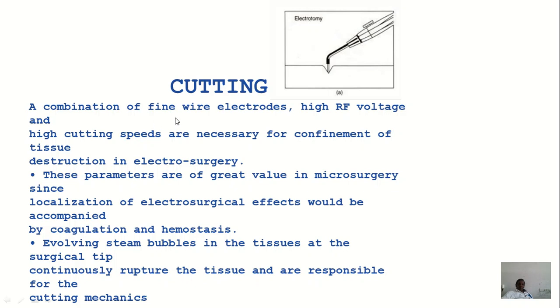A combination of fine wire electrode, high RF voltage and high cutting speeds are necessary for confinement of tissue destruction in electrosurgery. These parameters are of great value in microsurgery, since localization of the electrosurgical effects would be accompanied by coagulation and hemostasis.